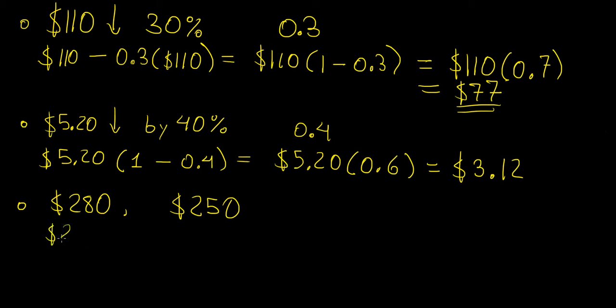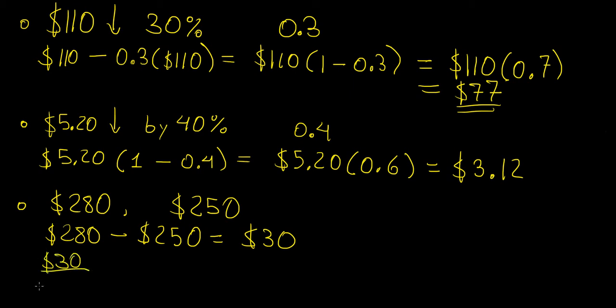So we have 280 minus 250, which is just $30. And now we're going to take a proportion of the difference, $30, to the original amount. So that's going to be 30 over 280, which simplifies to 3 on 28.